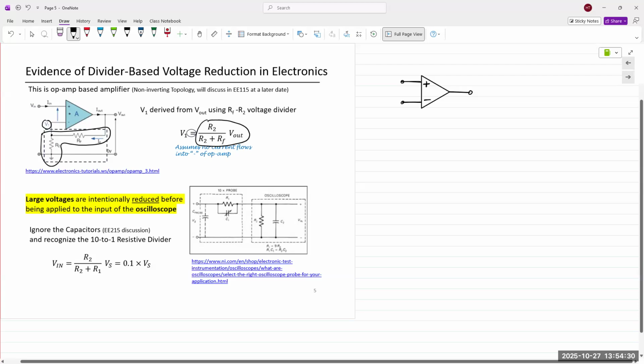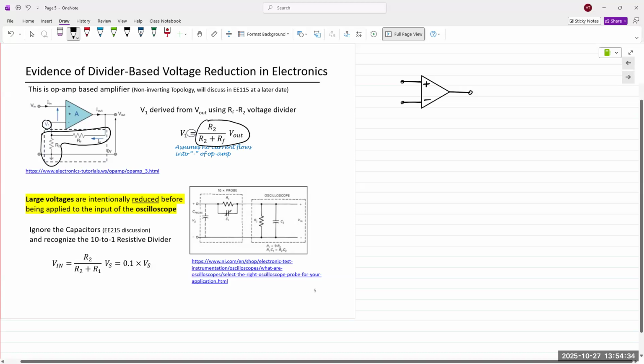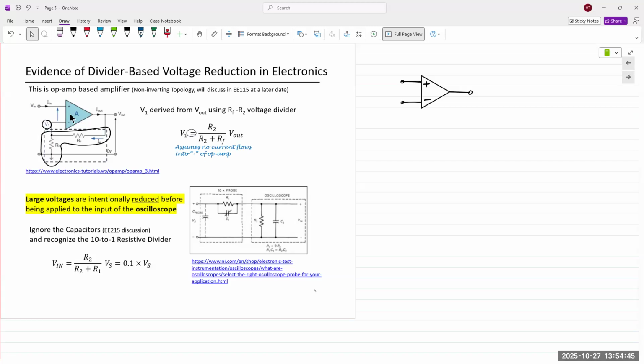And so V1 is R2 over R2 plus RF times V out. There are many other things regarding op amps, and we'll look at all of them. But right now we just focus on the application of the resistors. Again, same application: a voltage divider network provides a biasing voltage that goes into the op amp, which allows us to create a variety of circuits using that one single device.